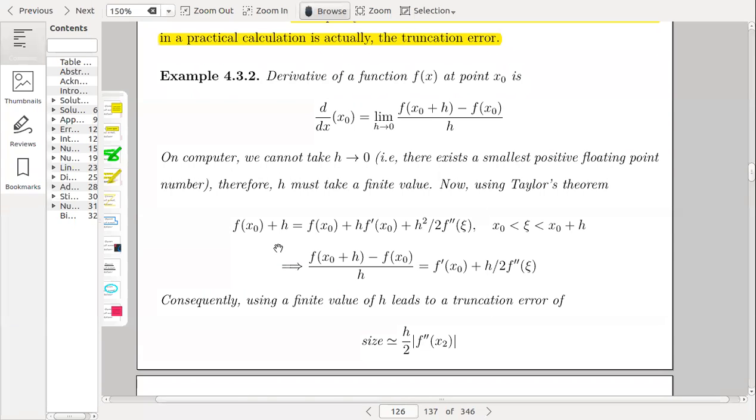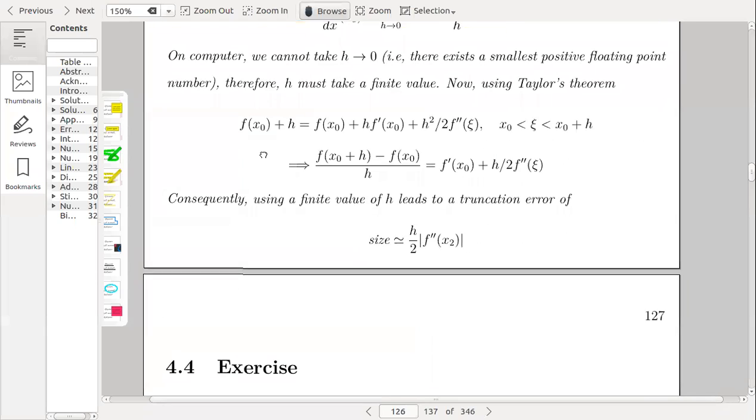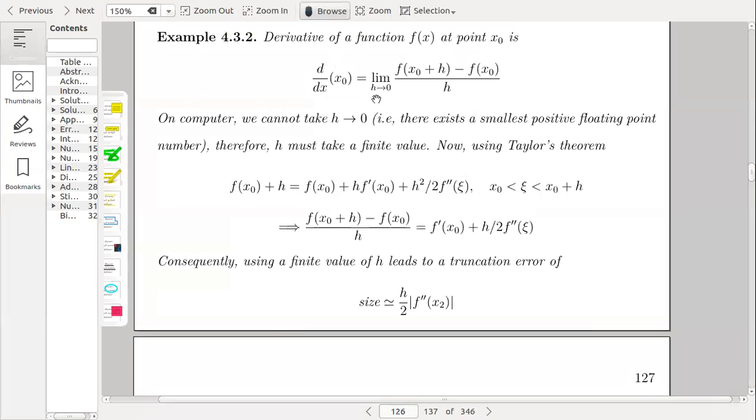F of x naught plus h is equal to f of x naught plus h f prime of x naught plus h square over 2 factorial f double prime at xi, where xi lies between x naught and x naught plus h. Then we obtain the same term involved in derivatives, but still we cannot write h approaches 0, because we must select a small number instead of 0 and give this value to h.